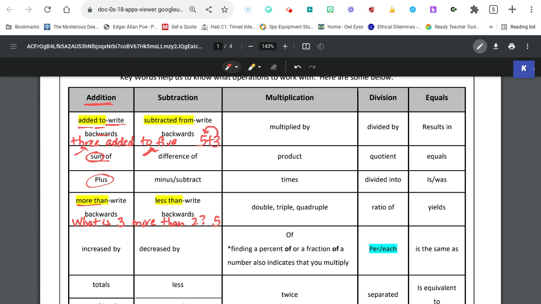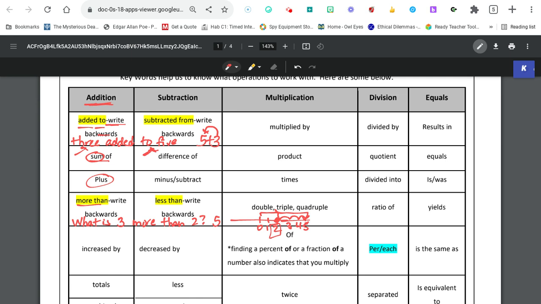But at first, to figure out what is 3 more than 2, you would have to go to 2 first and then tell me 3 more than that would be 1, 2. 3 more than that would be 3, 4, and 5. So you would have to go to the 2 first and then add 3.